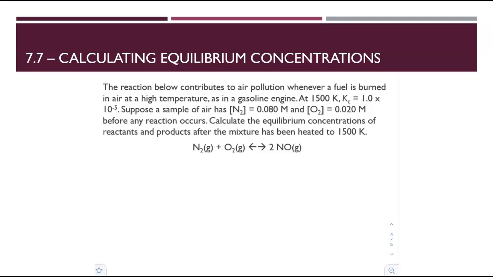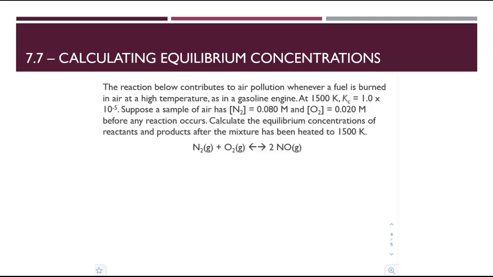Then we want to know the equilibrium concentrations of the reactants and products after the mixture has been heated to 1500 Kelvin. So we're still going to use an ICE table and our equilibrium constant expression, but instead of solving for the equilibrium constant, we're going to be solving for concentration.